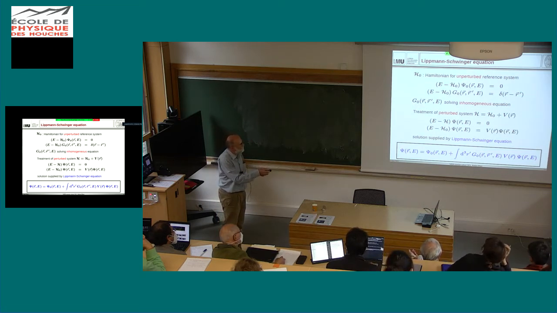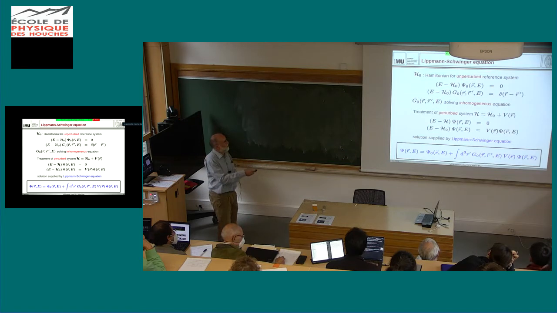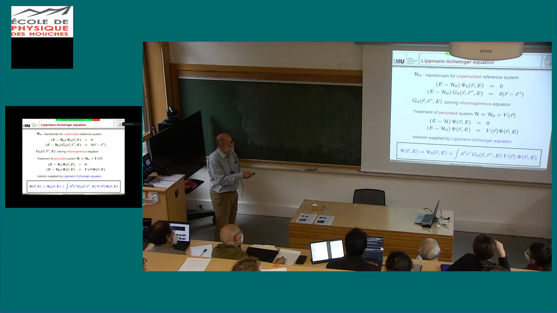We can reformulate it, and now the additional new potential shows up, so to say, with that wave function we look for as an inhomogeneous term, and from this we are led immediately, by making use of the second equation, to a solution to the more complicated situation by making use of the Lippmann-Schwinger equation that you have seen already before. So we need the solution of the simple reference system that shows up here.